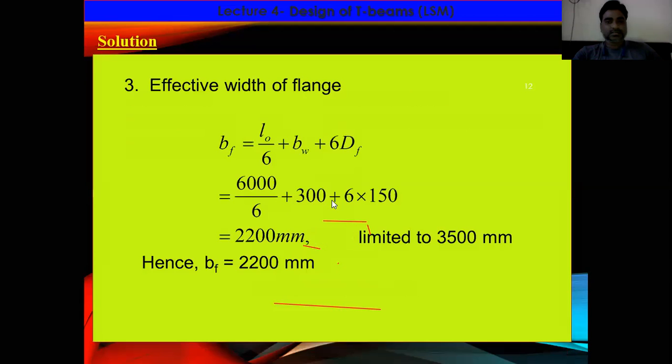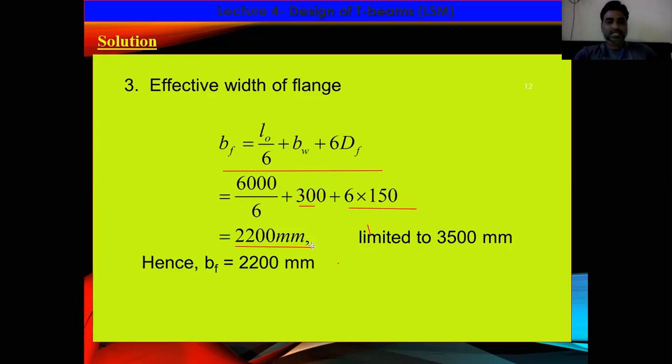After this, you need to determine the effective width of the flange, right? The effective width of the flange can be calculated from this equation, that is bf equal to L naught by 6 plus bw plus 6 into df. Substituting the values, that is 6000 by 6 plus 300 plus 6 into 150, we get 2200, and this should be less than the center to center distance, that means bw plus 3.5 by 2 plus 3.5.